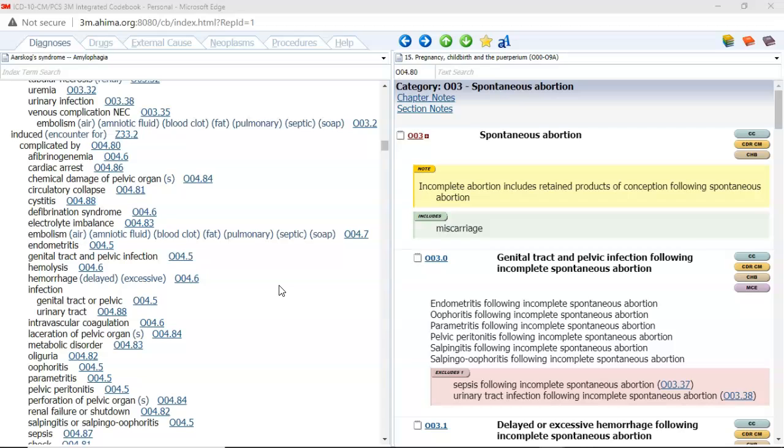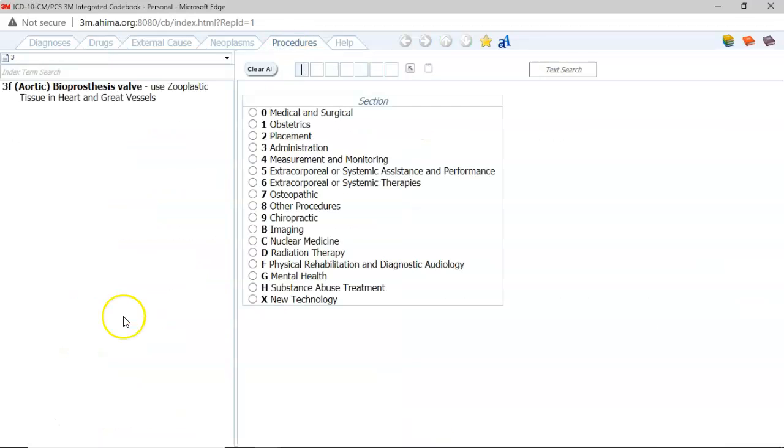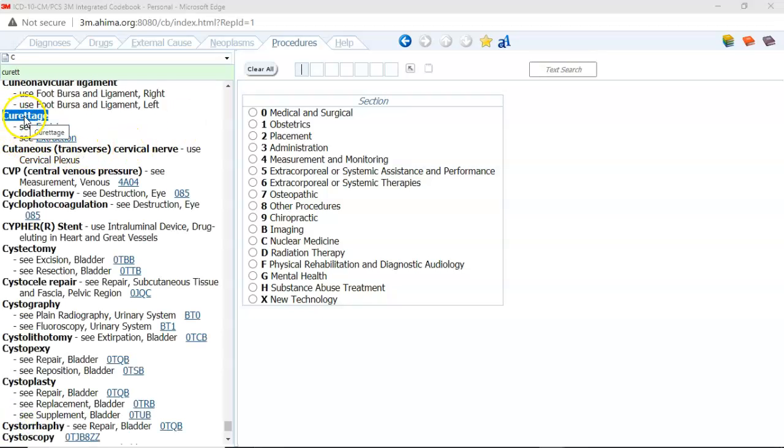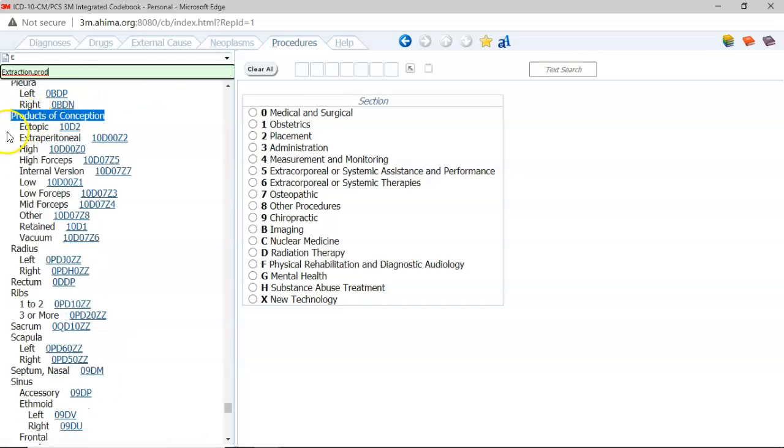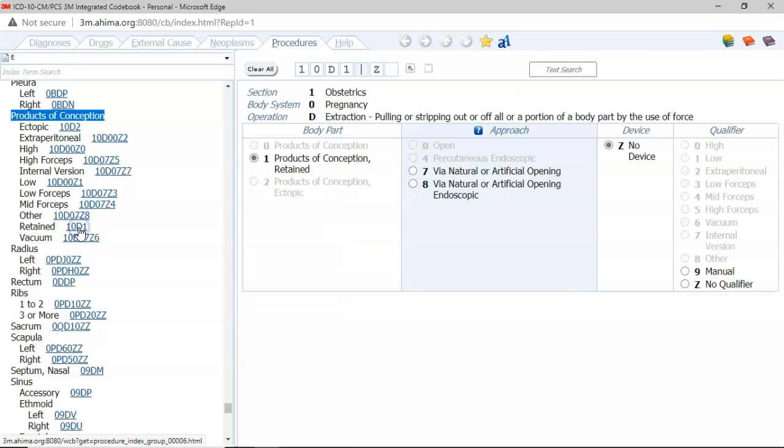And then the patient had a dilatation and curettage. So let's go over and look up that procedure code. And we can look up curettage, and this is an extraction. They are extracting products of conception. So if we go to extraction, products of conception, you'll see retained.